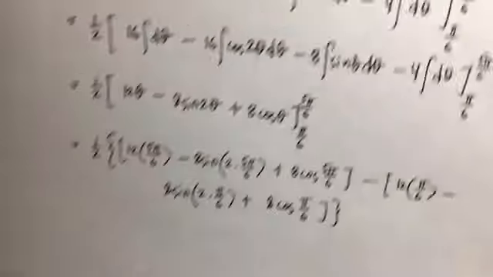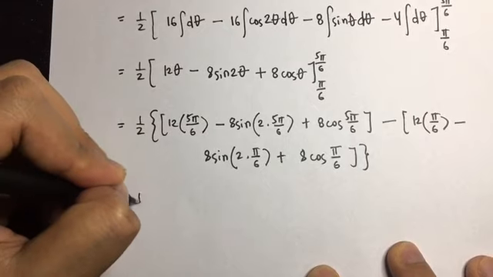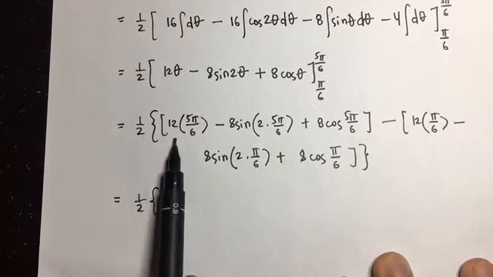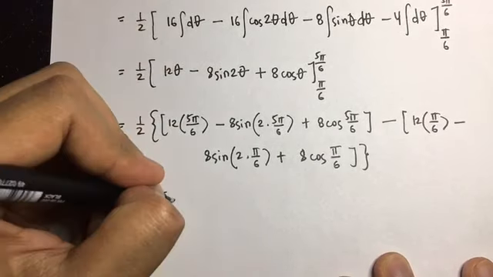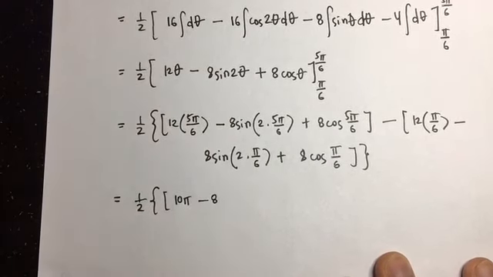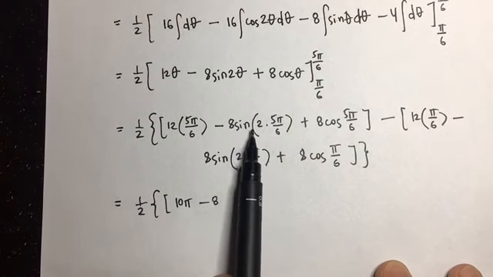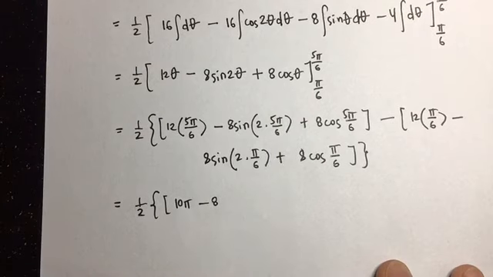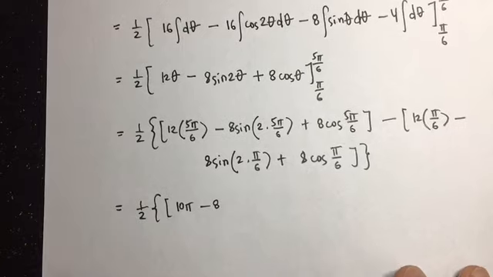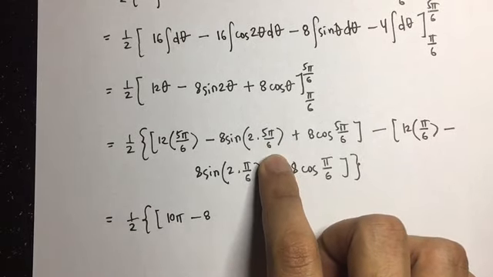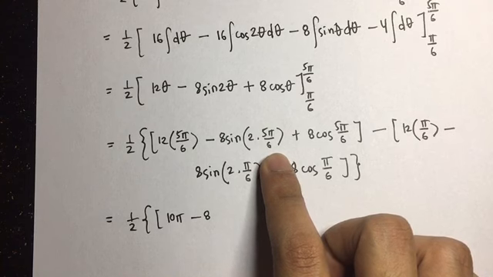Okay, so evaluating each, you have 1/2. So 12 times 5 pi over 6, so cancel, this will become 10 pi minus 8 times sine of 2 times 5 pi over 6, so that is 5 pi over 3, that is 300 degrees.